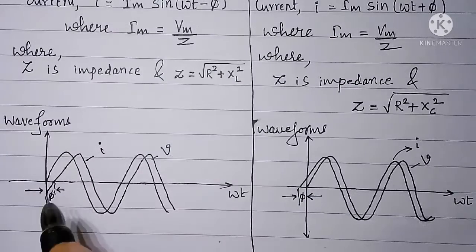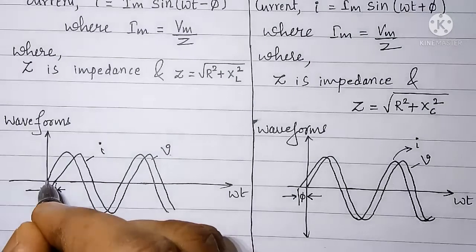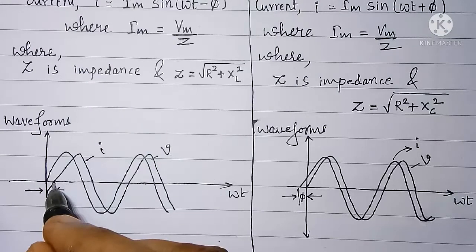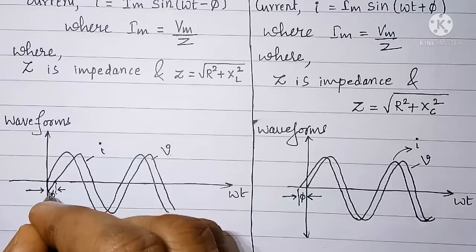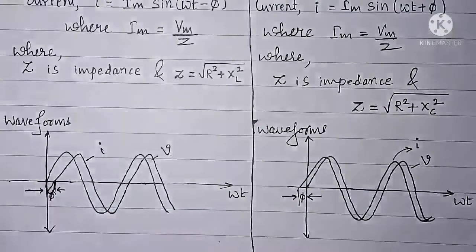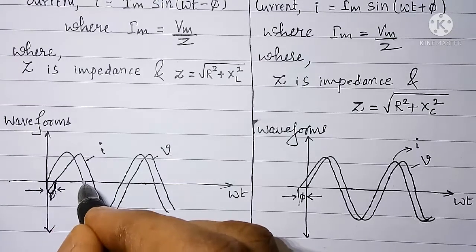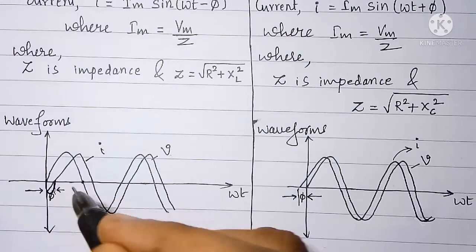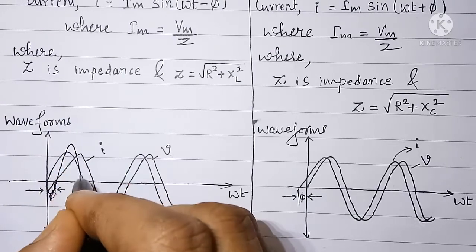Now for both the circuits, we can draw instantaneous power curve. From 0 to phi, voltage is positive and current is negative. Therefore, the product will be negative. And from phi to pi, both voltage and current are positive. So the product will be positive.